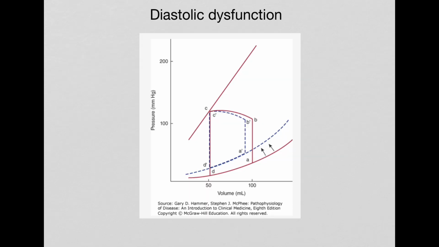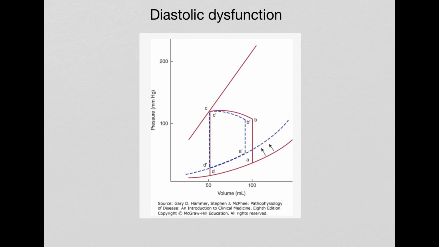In diastolic dysfunction, we have normal contractility if there's isolated diastolic dysfunction, but the diastolic pressure volume curve, normally here, is shifted up and to the left. So there are elevated pressures during filling.